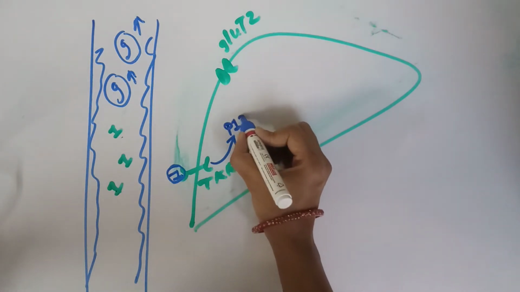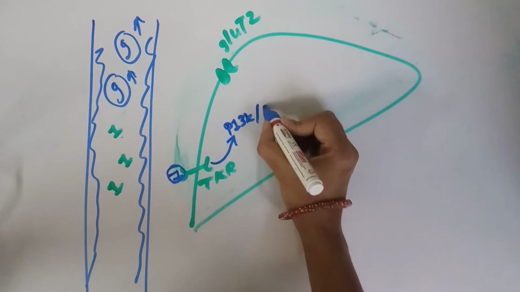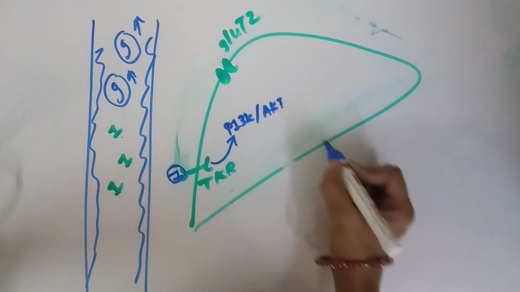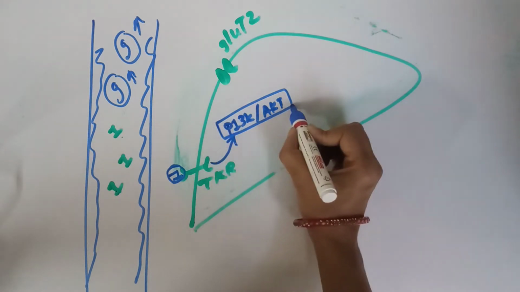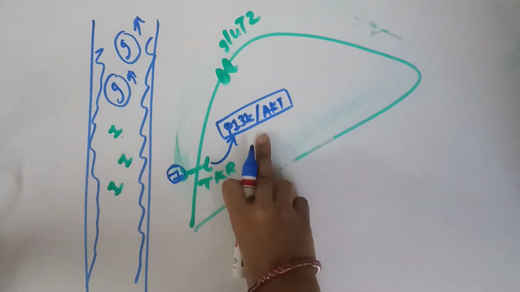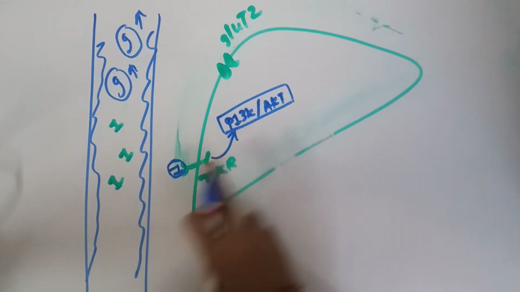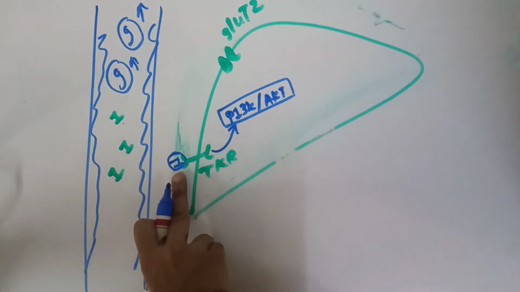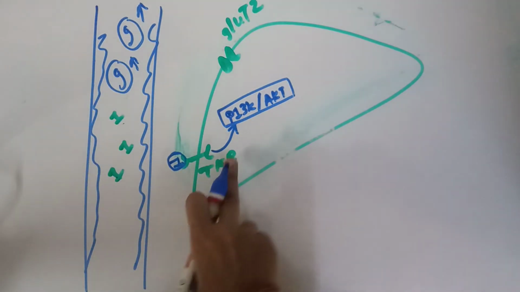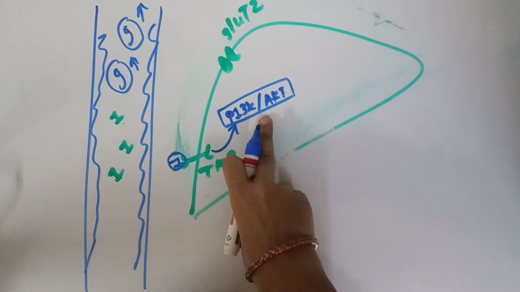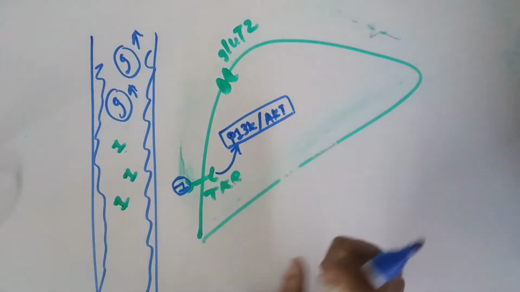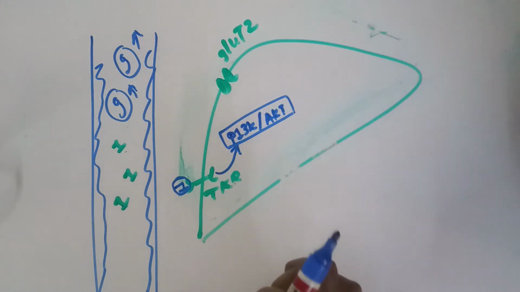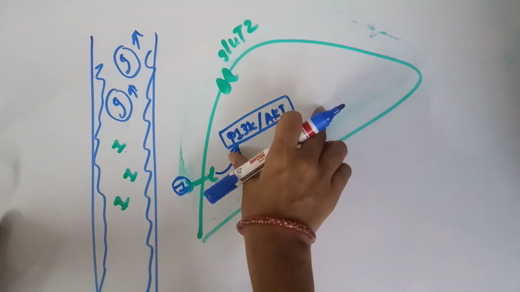This is PI3K and AKT. AKT is the protein kinase B enzyme. It activates this very important enzyme set. So what happened next? What happened with this activation?